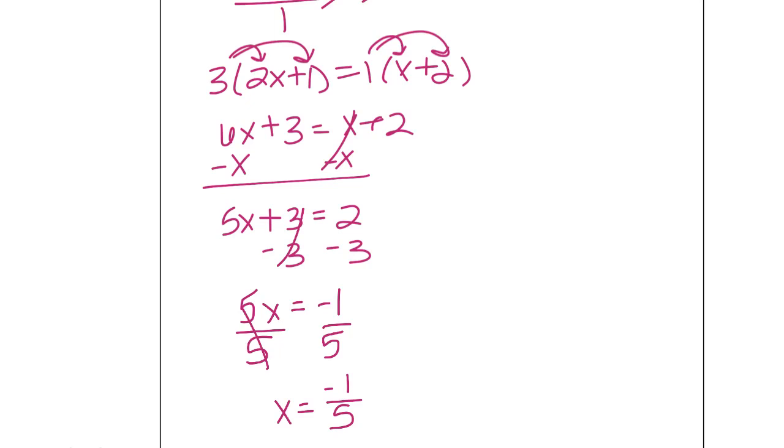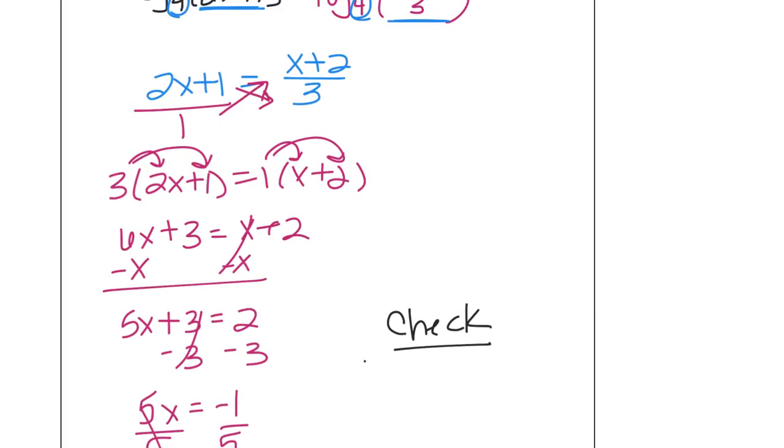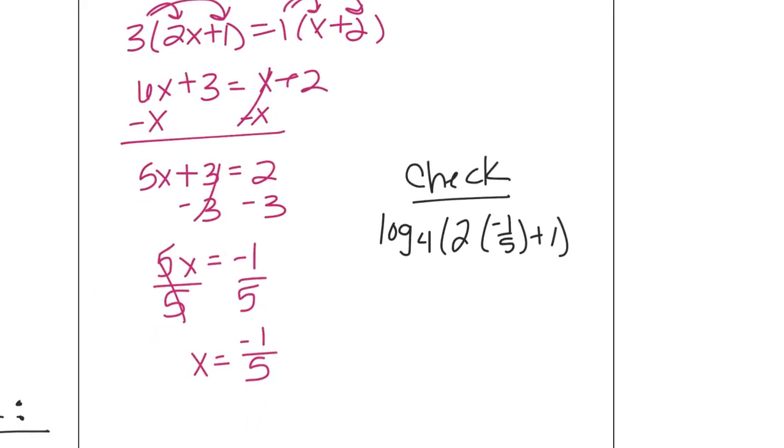So remember, we need to check and make sure that this negative 1/5 is not going to make a negative inside any of my logs before we can say that this is the answer. So I'm going to check each log individually. So the first log was 2x plus 1. So 2 times negative 1/5 plus 1. Let's check that one. So this is going to be negative 2/5 plus 1, and negative 2/5 plus 1 makes 3/5, which is positive.